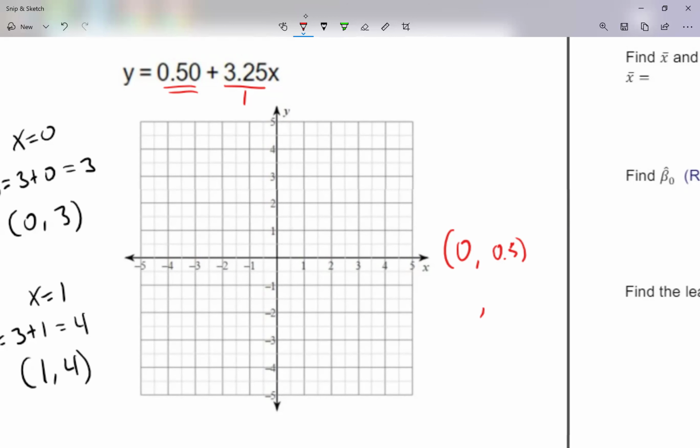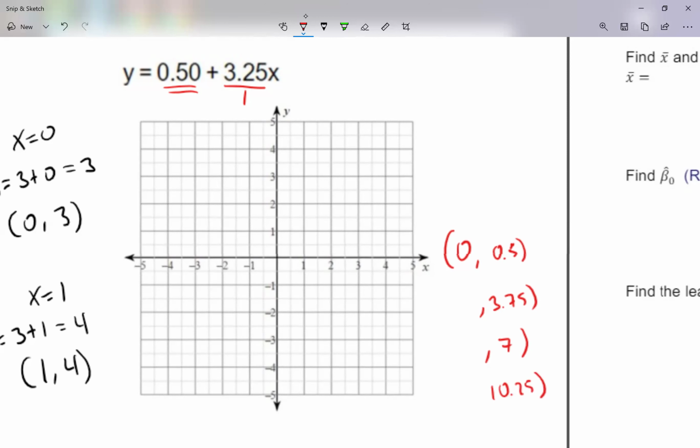Like I said, use a calculator, I get 3.75. Now add 3.25 again. That gives me 7. Plus 3.25 again, that gives me 10.25.